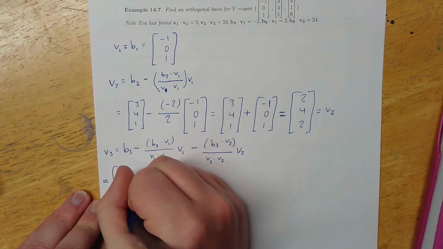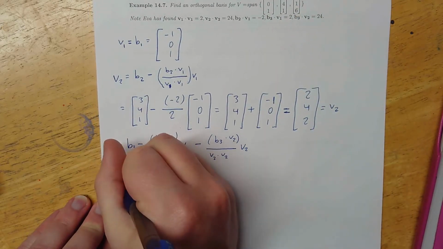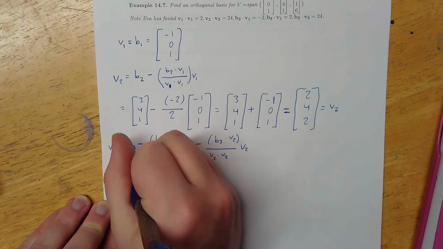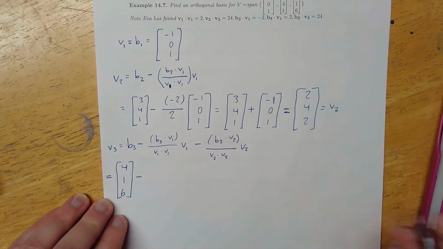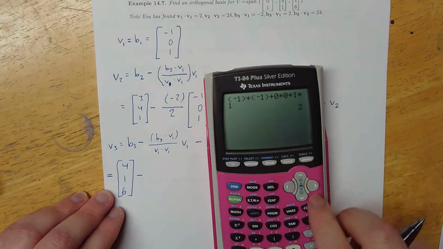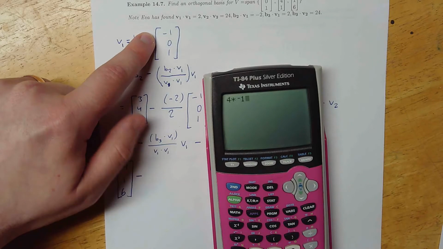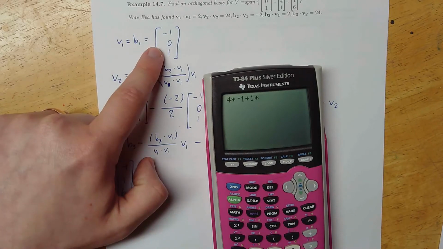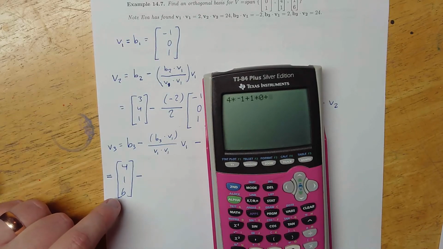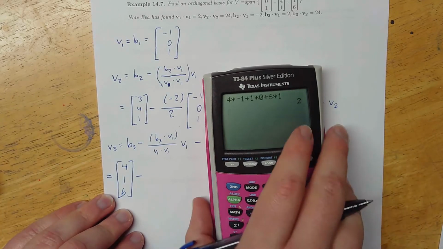So B3, up here, is 4, 1, 6. So it'll be 4, 1, 6 minus B3 dotted with V1. That will be 4 times negative 1 plus 1 times 0 plus 6 times 1, and we get 2 from that.